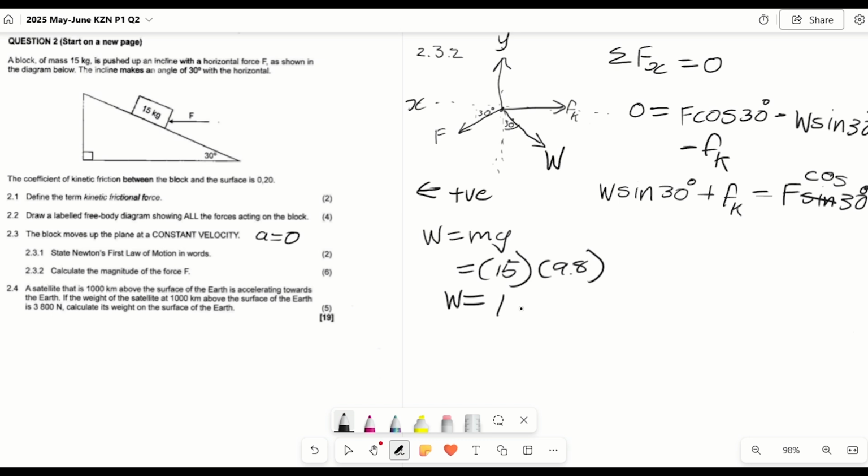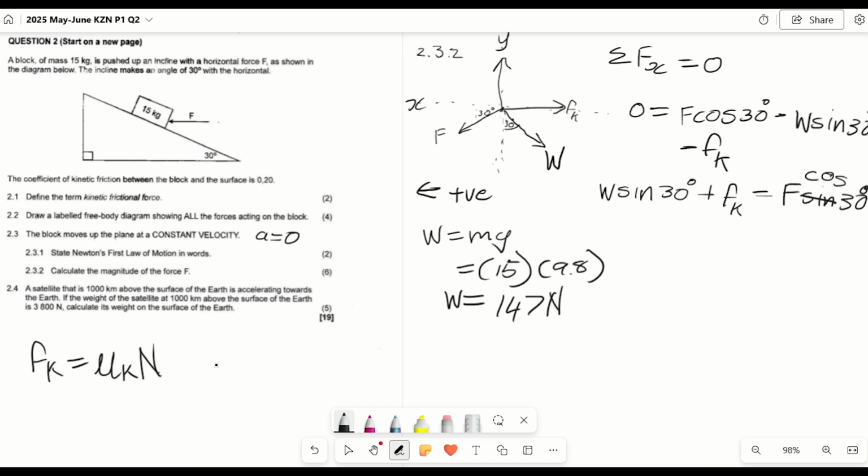That should be given to you in your variables with your paper. This should be 147 newtons. Let's see, what other unknowns do we have here? We have fk, frictional force, kinetic friction force, is equal to mu k, which is our kinetic friction constant, times n.